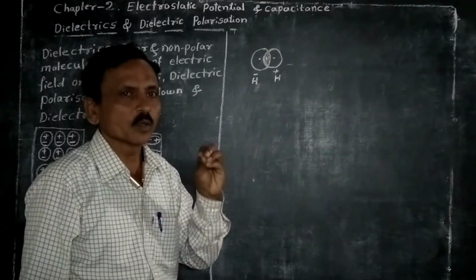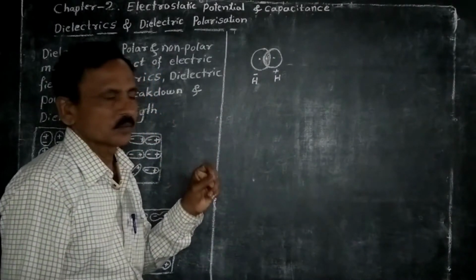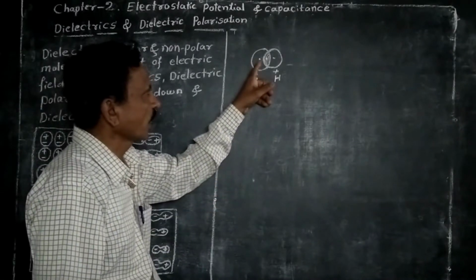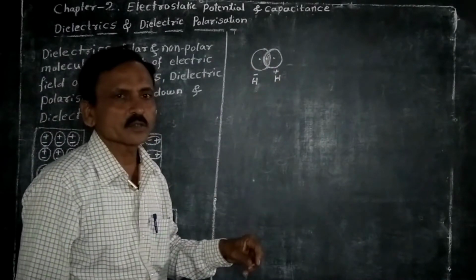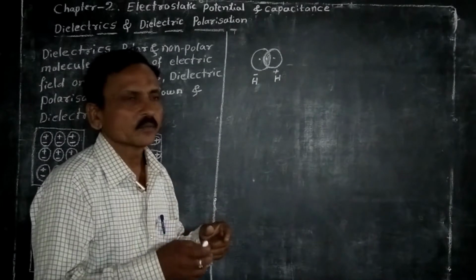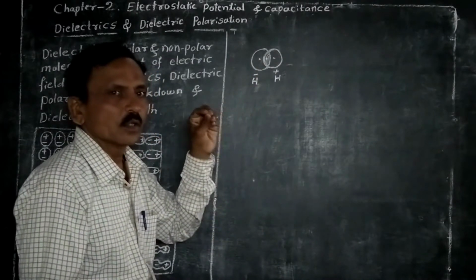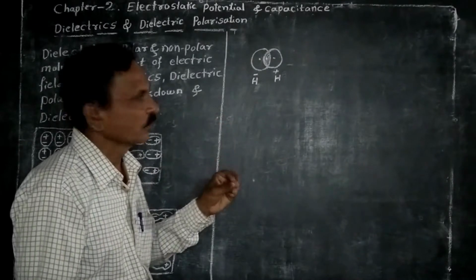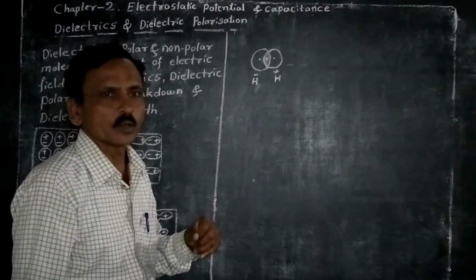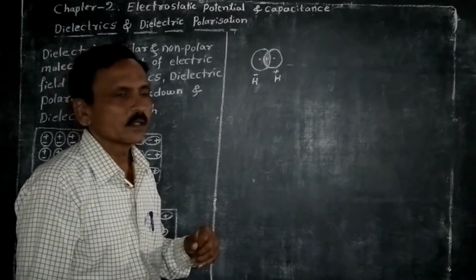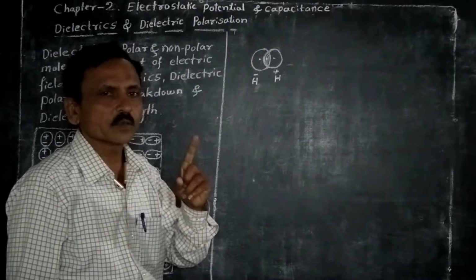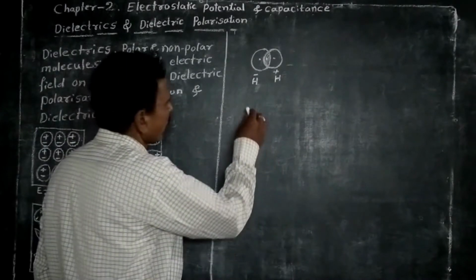Therefore, molecules in which the centers of negative and positive charges are coincident are called non-polar molecules. And for a non-polar molecule, the permanent dipole moment is equal to 0.